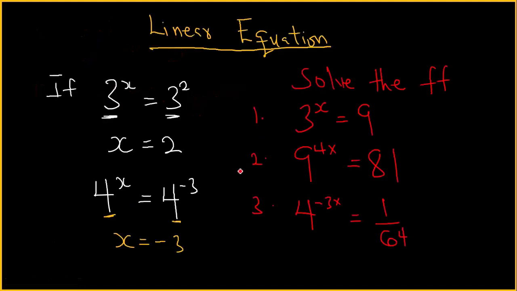Okay, all right, so now let's solve for the value of x from the following equations. Looking at our first equation, which is 3 to the power x equals 9.